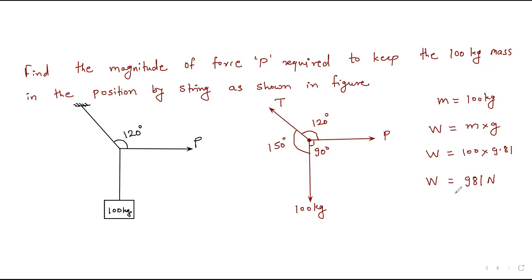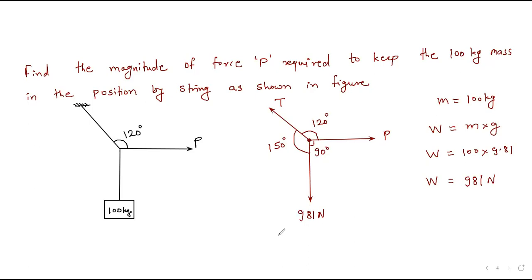Remember this: 1 kg is equal to about 9.81 Newton. So for 100 kg, you multiply by 9.81, so it is 981 Newton. Here, instead of writing 100 kg, I will now write the weight in its proper unit, 981 Newton.